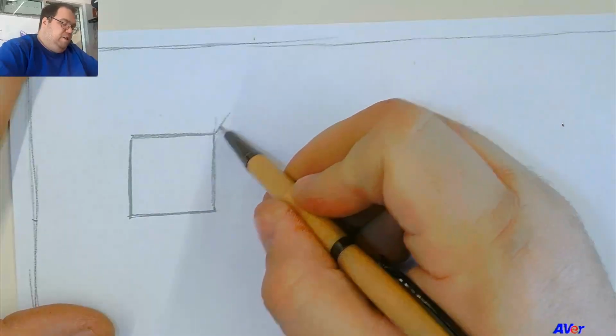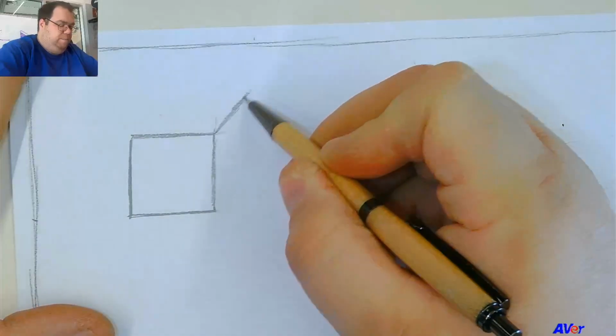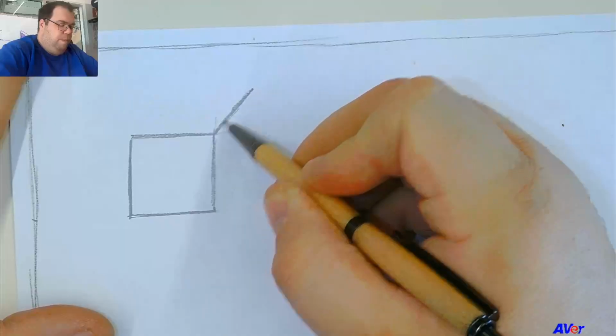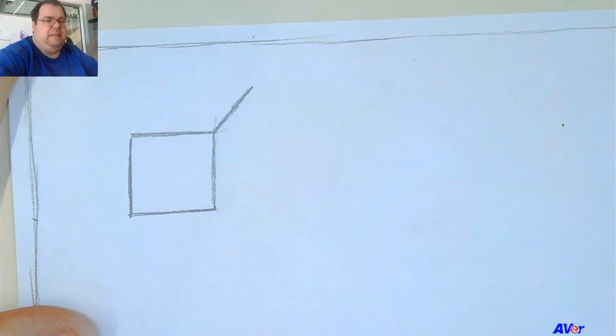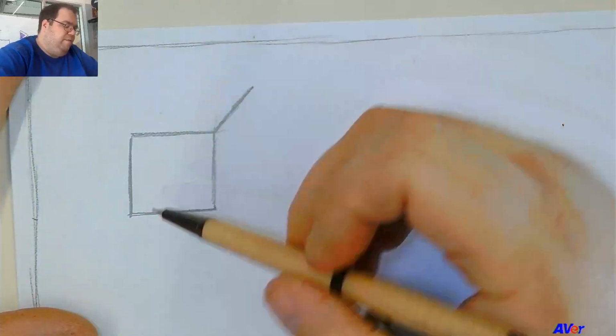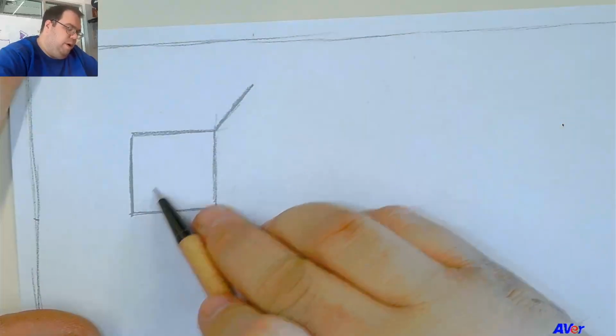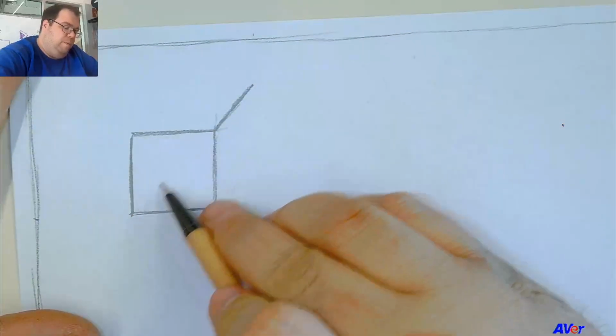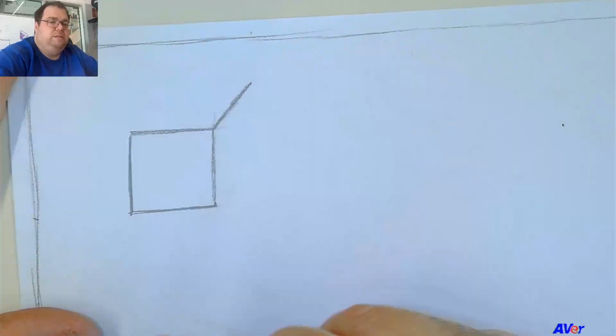You're going to make this an inch, just like the rest of them. Just like that. It should basically divide this. If I was to connect this point to this point, it would be a line that kept going.